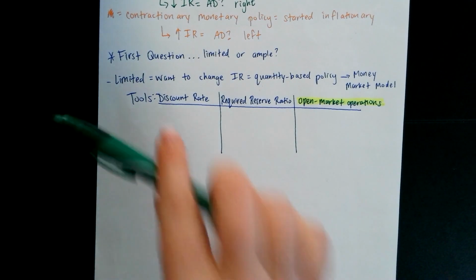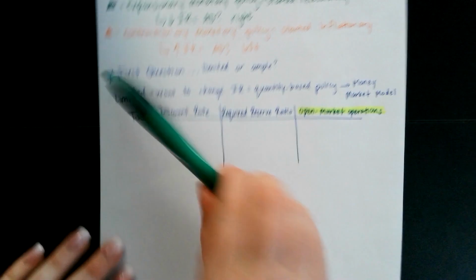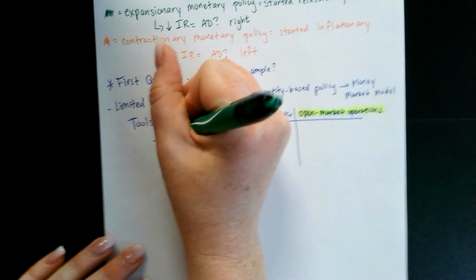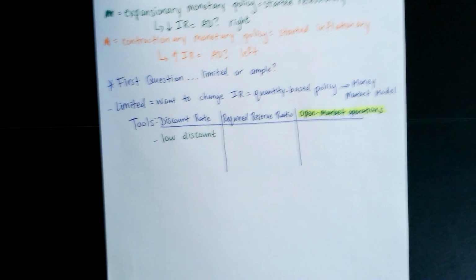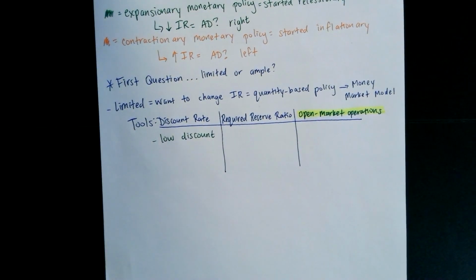What is an interest rate? Keep your colors consistent. Low discount. All that means is that they're going to start to drop the interest rate when it's time to borrow reserves. The lower the discount goes, the more likely it is that banks are willing to borrow.